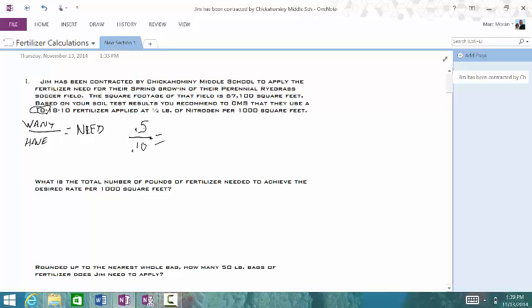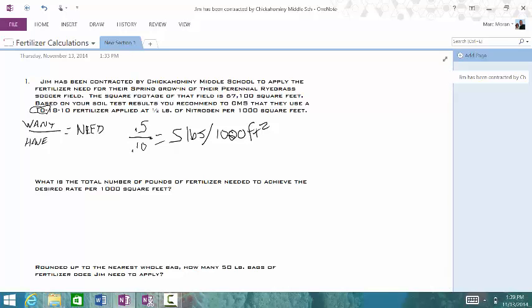If you take a calculator and divide 0.5 by 0.10, you end up getting 5. And that's 5 pounds of that particular fertilizer, the 10-18-10 fertilizer, per 1,000 square feet. Okay, so that means if I reach in that bag, I'll dig out 5 pounds of that fertilizer.